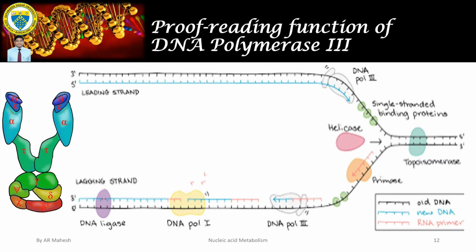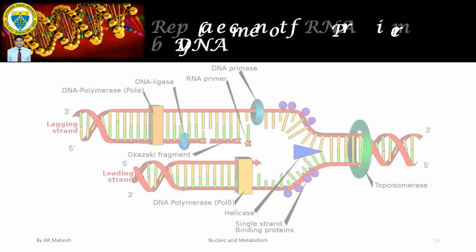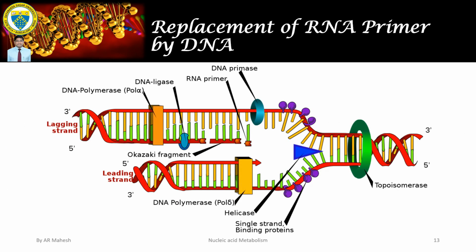The synthesis of the new DNA strand is continuous till it is in close proximity to the RNA primer. DNA polymerase 1 removes the RNA primer and takes its position.